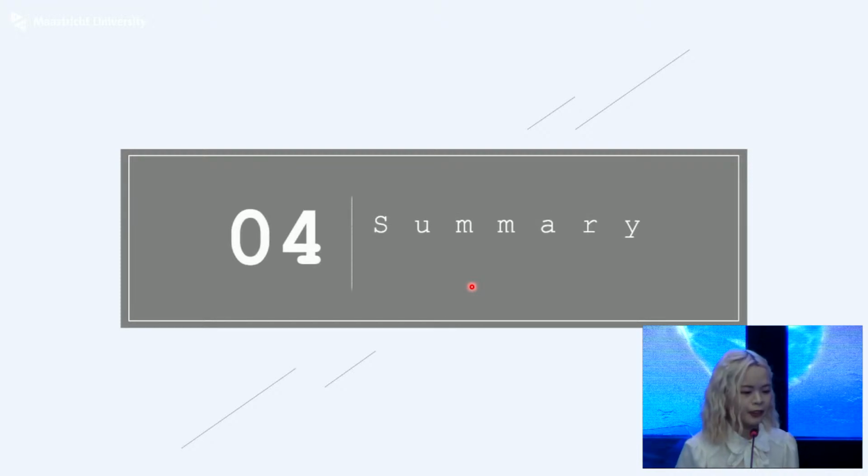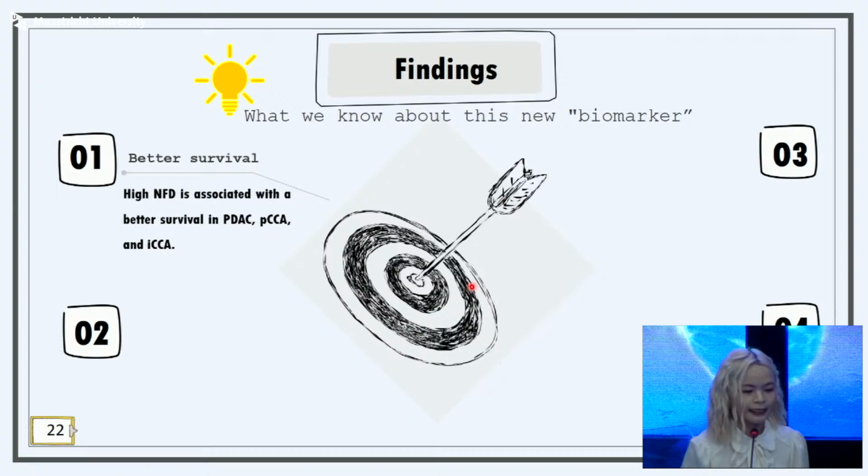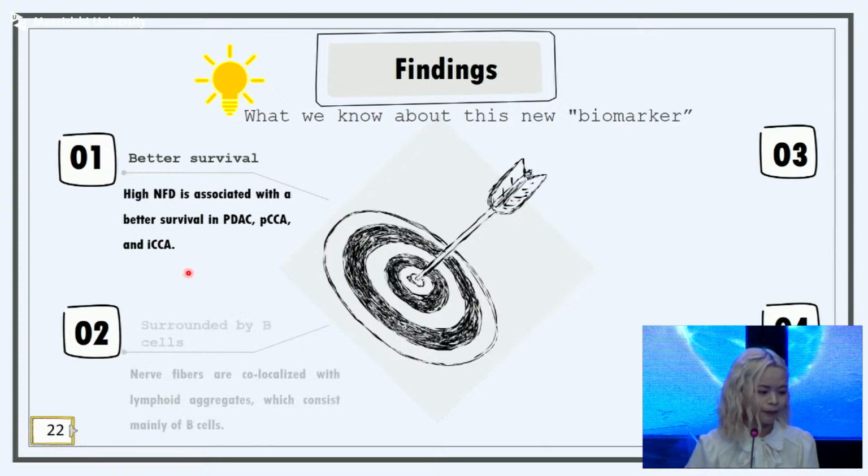From the above, to summarize, we've covered a lot of ground so far, but before we wrap up, there's one more section to go. So in this section, I will summarize our findings and draw some final insights. To summarize this thesis, what we know is: 1. High NFD is associated with a better survival in PDAC, PCCA, and ICCA patients undergoing surgery. 2.